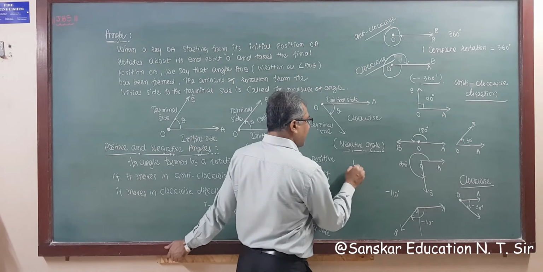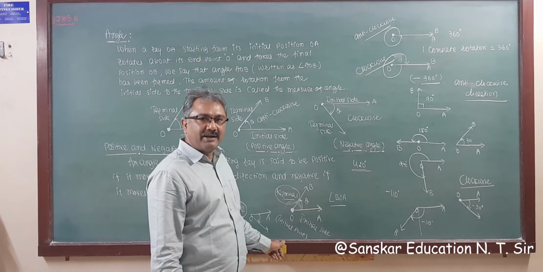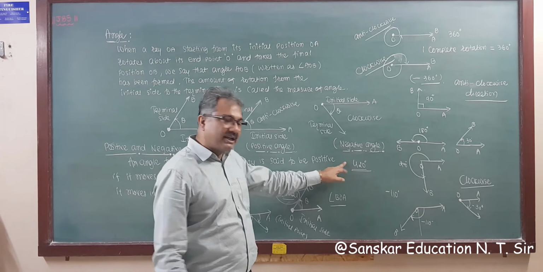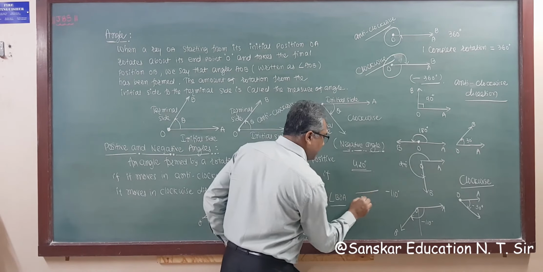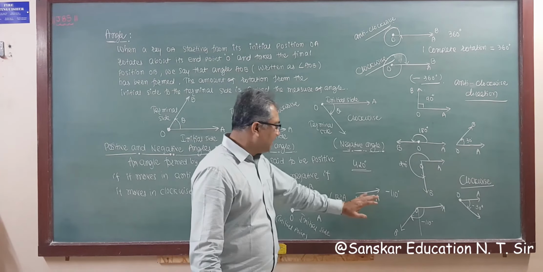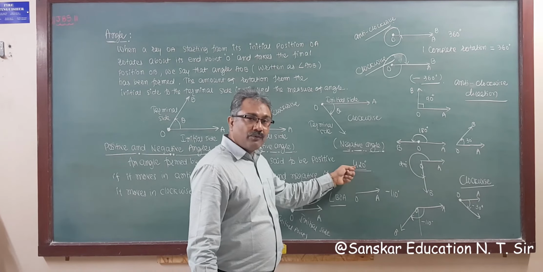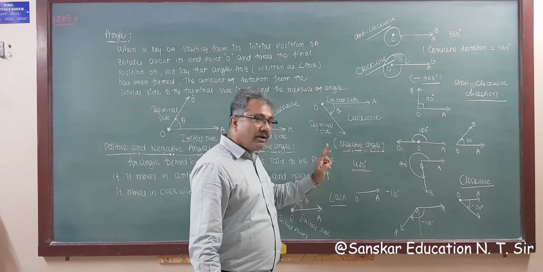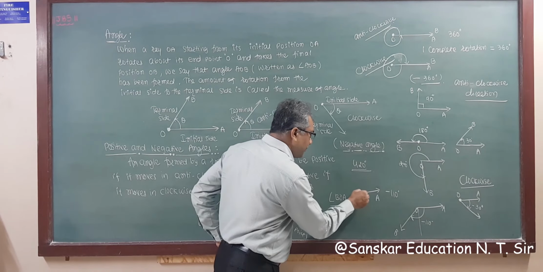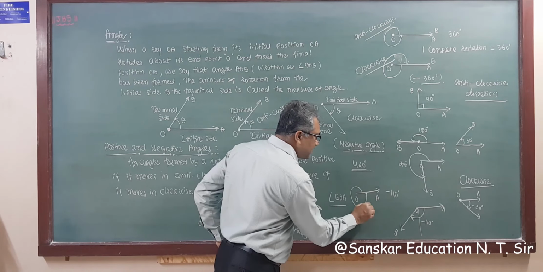Suppose you want to draw an angle of 420 degree. Now one complete rotation is 360 degree and this is given positive. So OA is your initial side, then you have to move 360 degree in anti-clockwise direction as the angle given is positive. So this is your complete one rotation, up to here, this is your 360 degree.